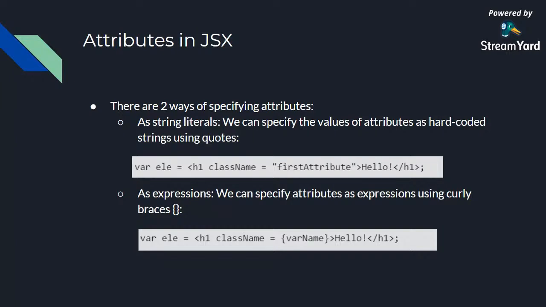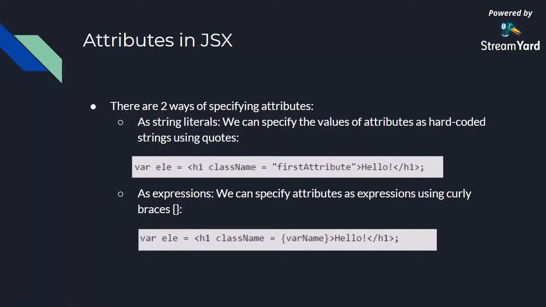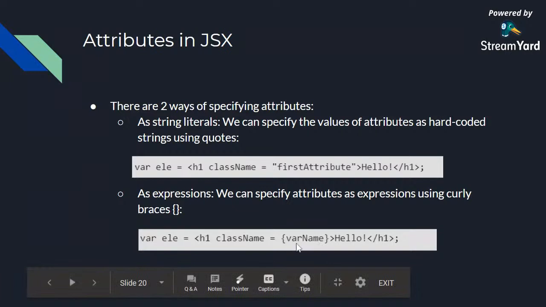For example, if we want to give a className based on a variable, let's take an example where I have a page whose background needs to be changed according to some conditional operator. I can't code that directly into the HTML like with a string literal. So I need to give the className a particular variable. As an example, this is varName.